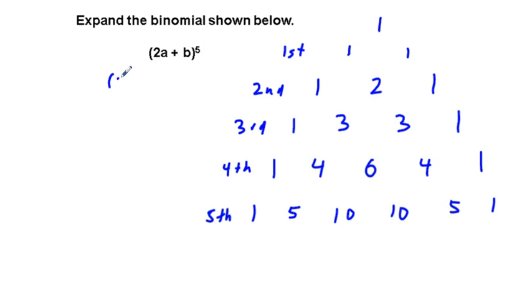So we'd have this 2a, which would be 1, that would be the 5th power, b to the 0, plus 5.